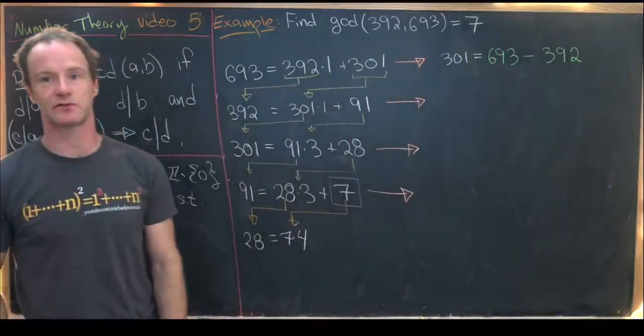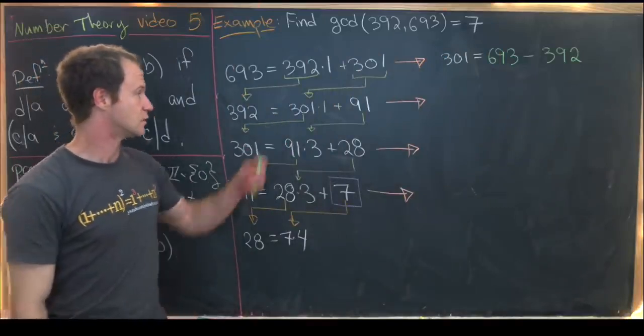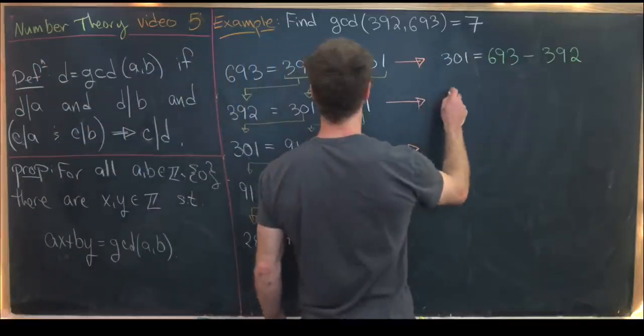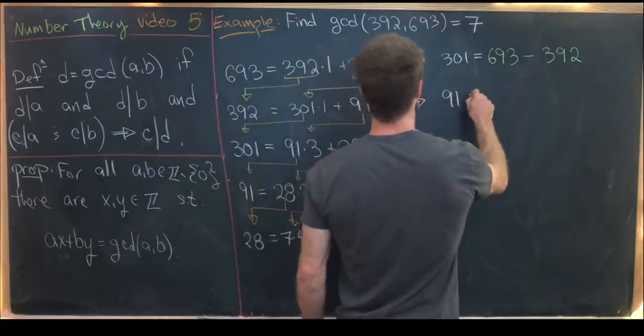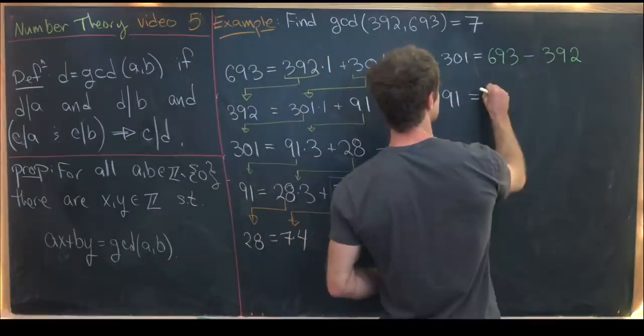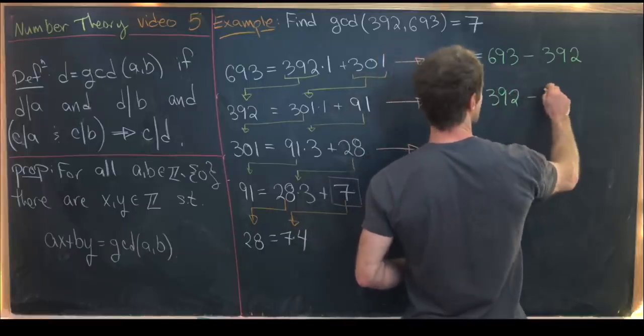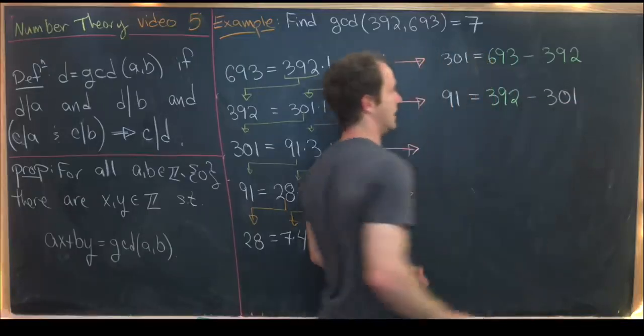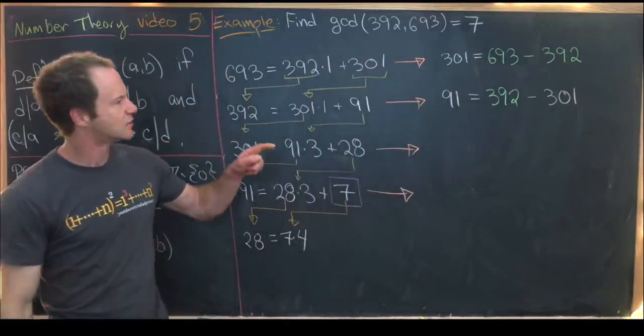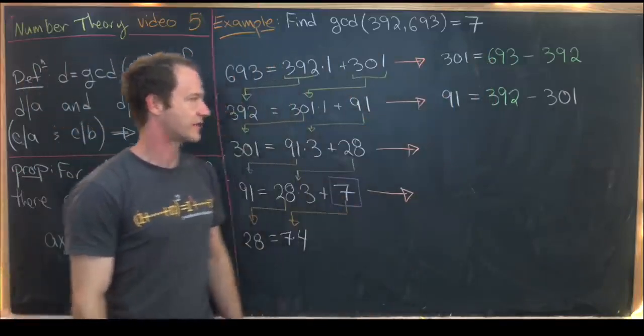So I'll just leave that as 392. Then we'll do the same thing for all the rest of these. So I'll have 91 is equal to 392 minus 301, like that. Notice I've written my 693 and my 392 in green.